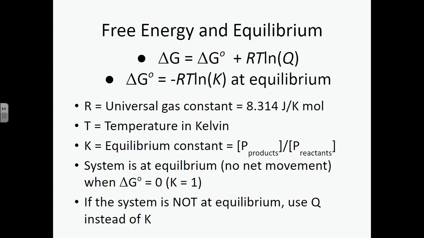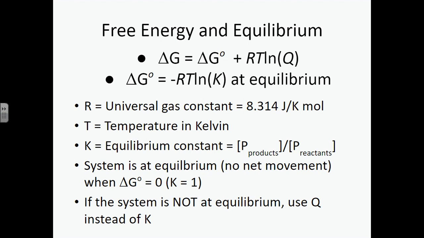And to solve these problems, you will use the universal gas constant here, where it's 8.314 joules per Kelvin. And you'll want to be mindful of your units. Temperature must be in Kelvin because you need a positive Kelvin value. And your equilibrium constant is your products over reactants. Your Q quotient, the reaction quotient, is products over reactants.